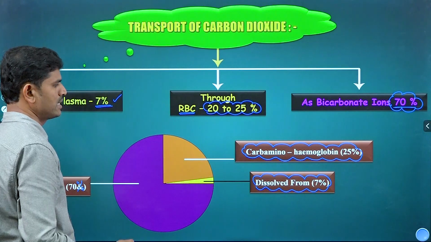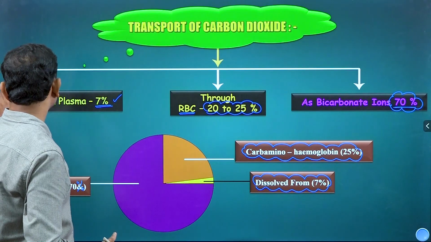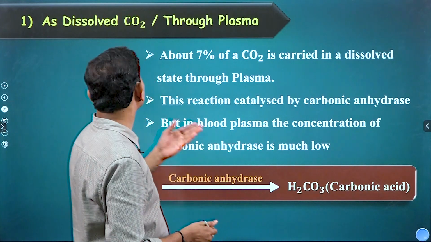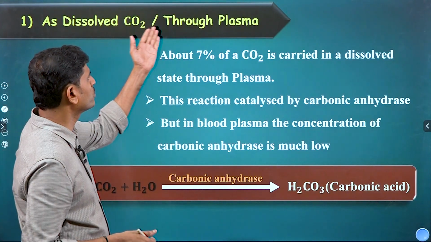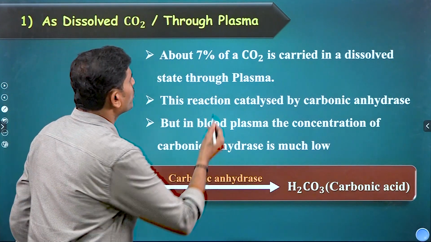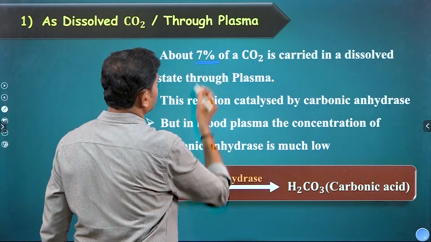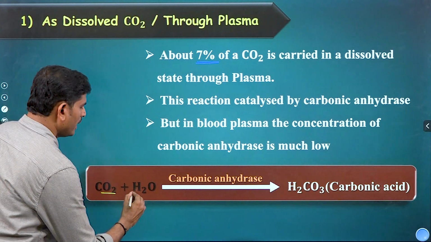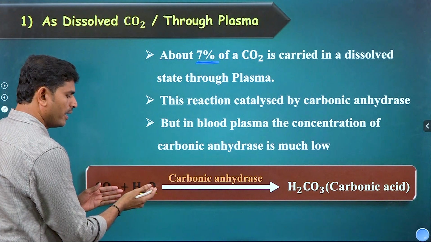So these are the three methods. Let us see the first method: through plasma, 7% is transferred, as dissolved CO2. Simple thing here: CO2 is able to dissolve in water.